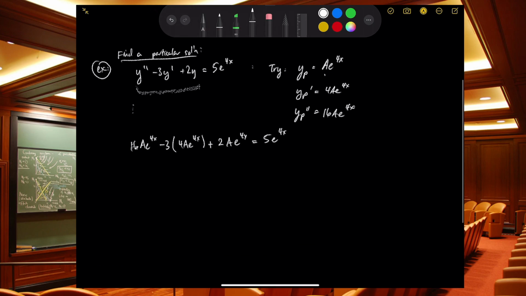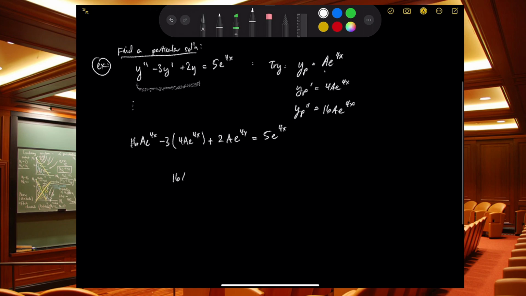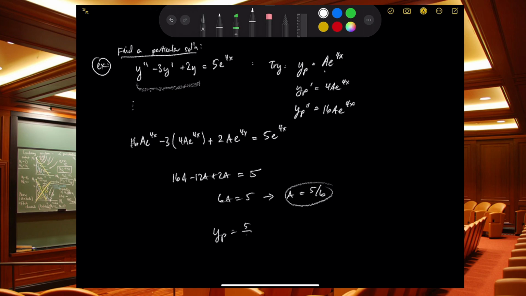We can figure out what a must be by canceling out the e to the 4x, because that can never be 0. We get 16a minus 12a plus 2a must equal 5. So 16 minus 12 is 4, plus 2, we get 6a equals 5. So a must be 5 over 6. Therefore our y particular is 5/6 e to the 4x.